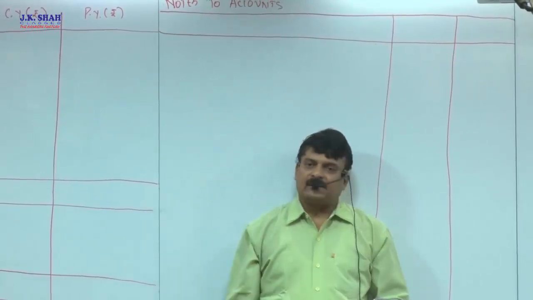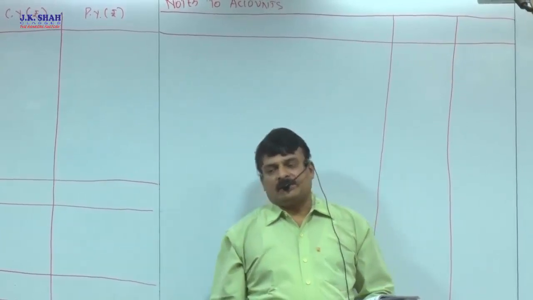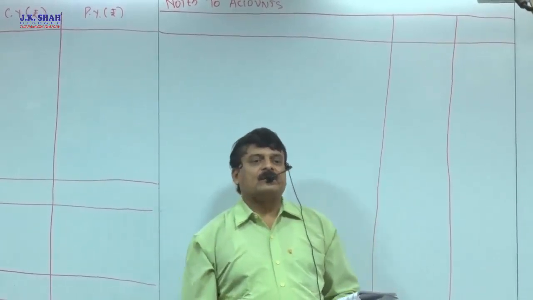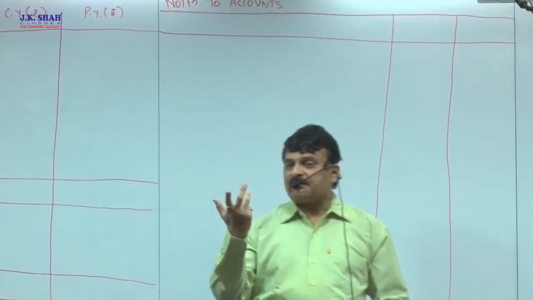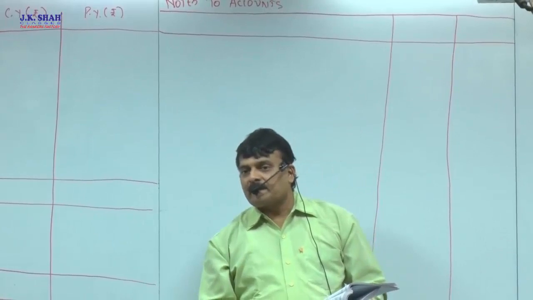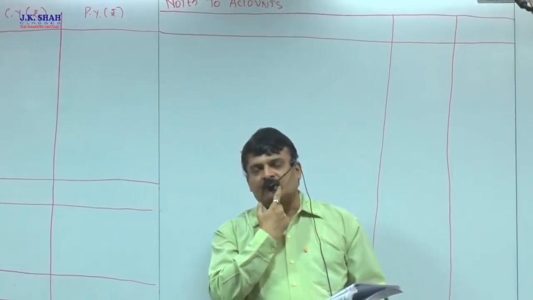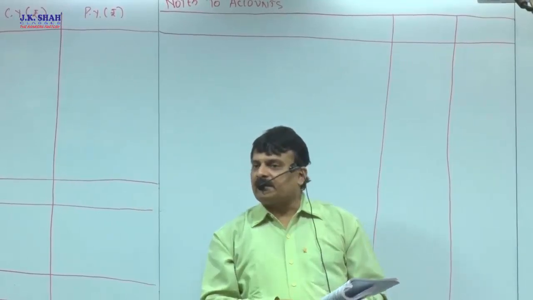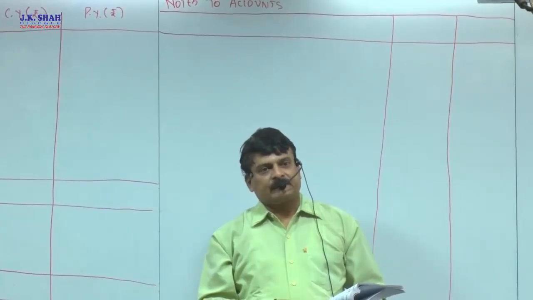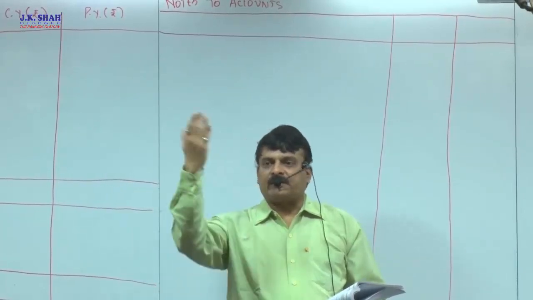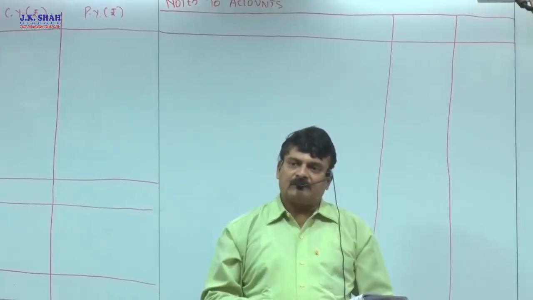Biggest example of long-term borrowing will be debentures issued by the company. All of you know, friends, what is a debenture? Debenture is a loan. Bank loan, loan taken from financial institutions, all those will come in long-term borrowing.